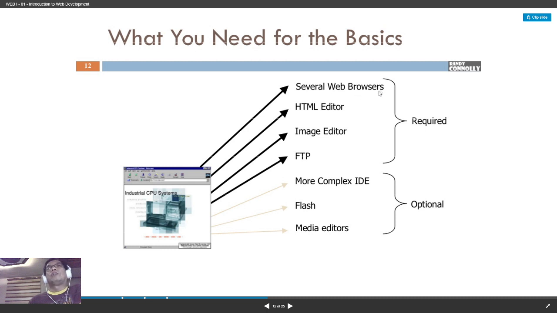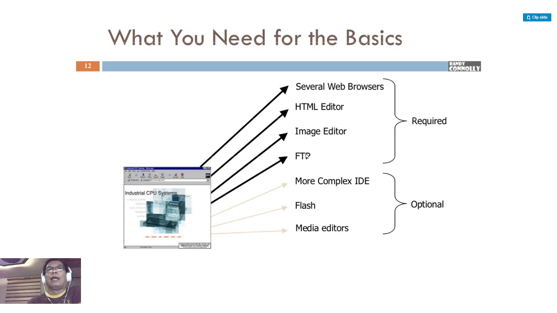Several web browsers like Google Chrome, Firefox, Microsoft Edge, and an image editor like Photoshop, CorelDRAW, etc. And then we should also have file transfer protocol software. There are some free software that can be downloaded from the internet to be used as FTP.